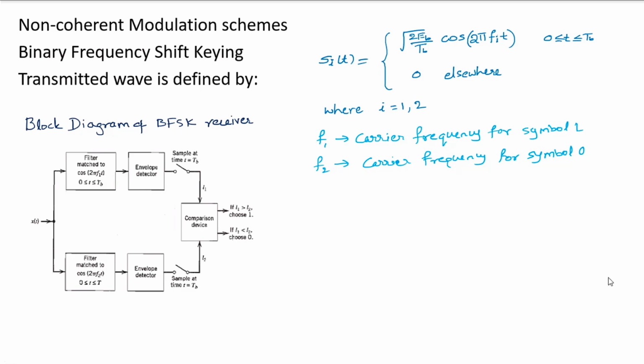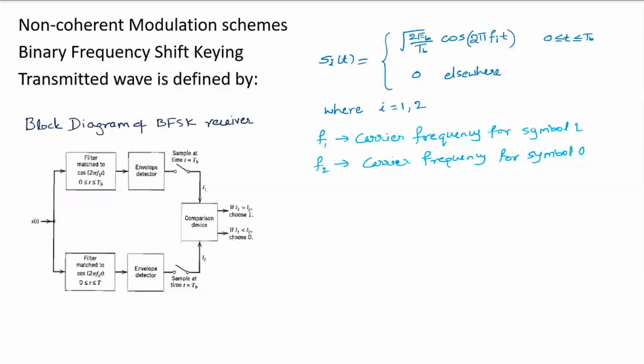So far you are aware of a coherent modulation scheme in which you find a bank of correlators at the receiver. In the case of BPSK, you have seen that you have one correlator. In the case of BFSK, you have two correlators.